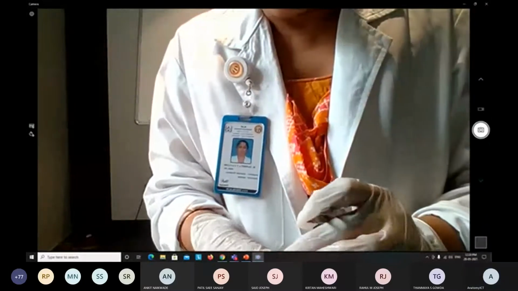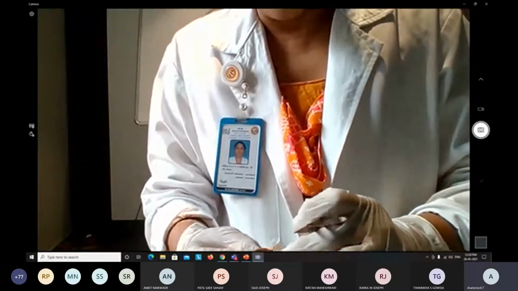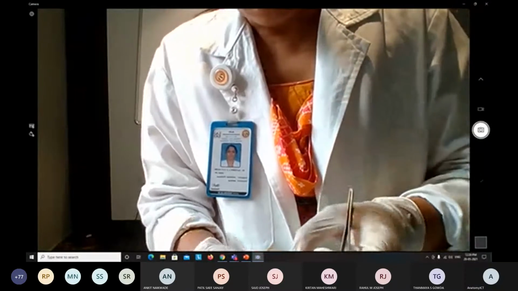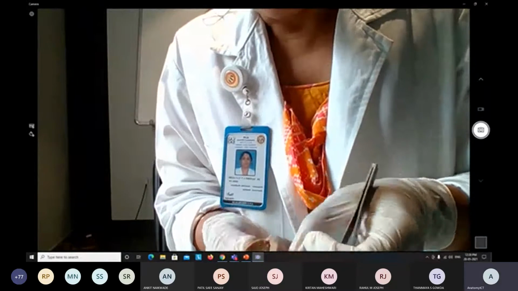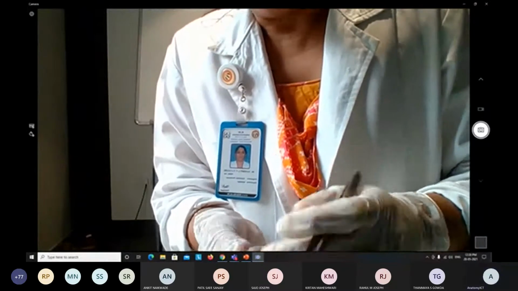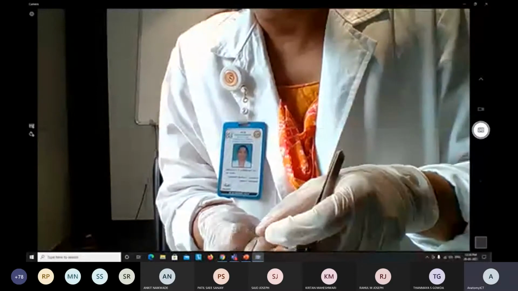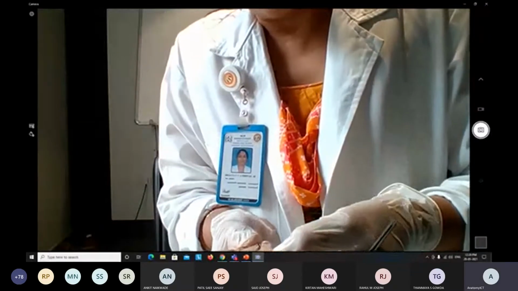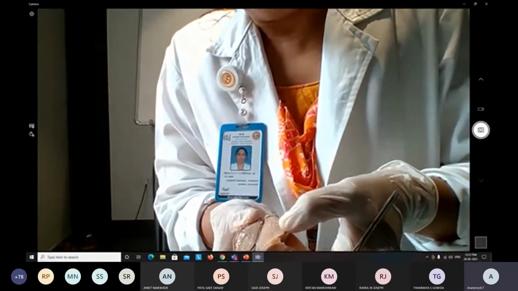Now, see the cut section of the testis. Right. Now here, from the anterior end, the tunica albuginea will enter inside and divide this into 200 to 300 lobules.